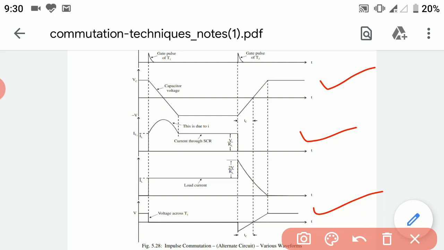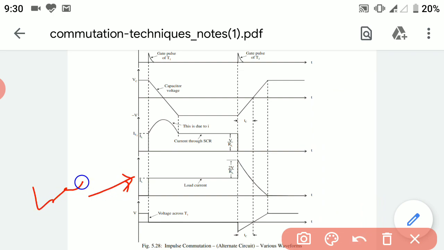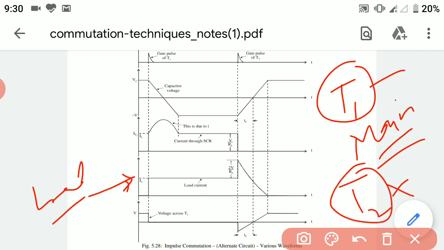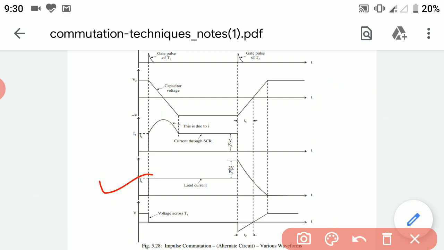Now we are left with the current waveform of the load. We have just discussed the current and voltage waveform of thyristor T1, which is our main thyristor. We will not show the current and voltage waveform of thyristor T2, which acts as an auxiliary thyristor. Now here is the current waveform.